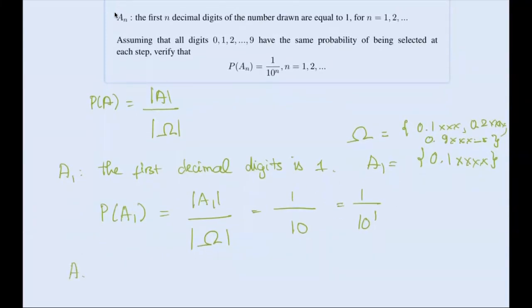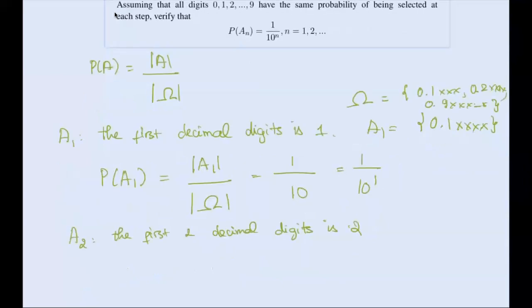And you can do the same thing for A2, where the first two decimal digits are 1, which means A2 would consist of the number like 0.11 and something behind it that we do not know and we don't really care.